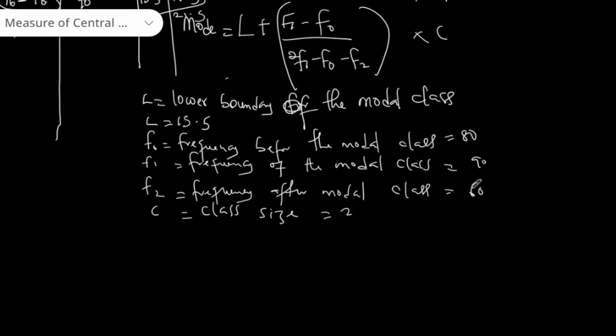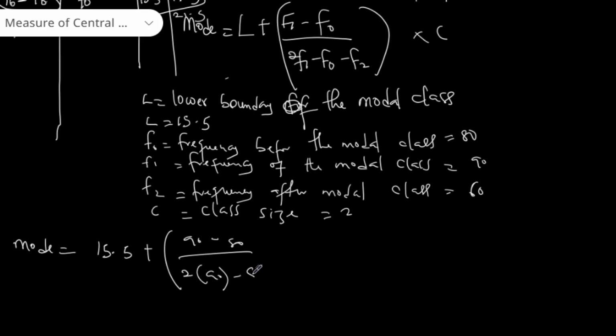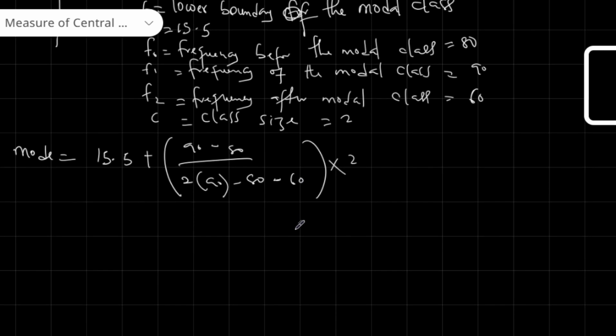So we can now find the mode using all of these parameters. We say the mode is equal to our L, which is 15.5, plus F1, which is 90, minus F0, which is 80, over 2 times F1, which is 90, minus F0, which is 80, then minus F2, which is 60, then times 2. Of course, according to BODMAS, you do what is in the bracket first.